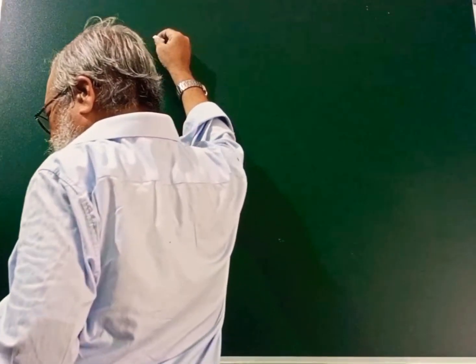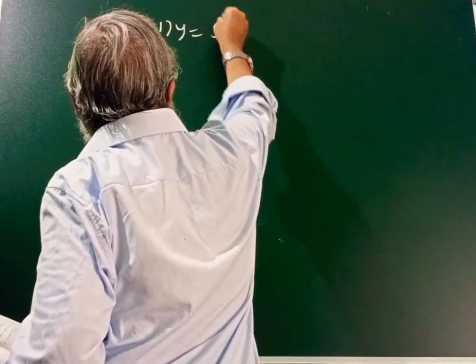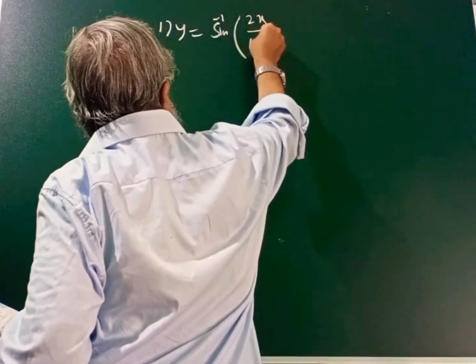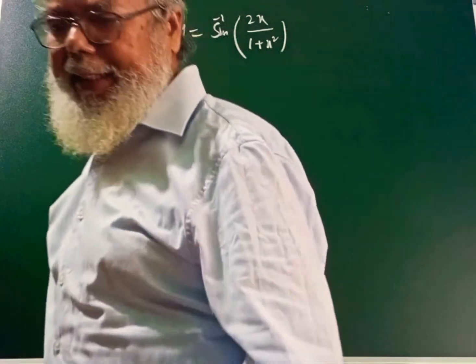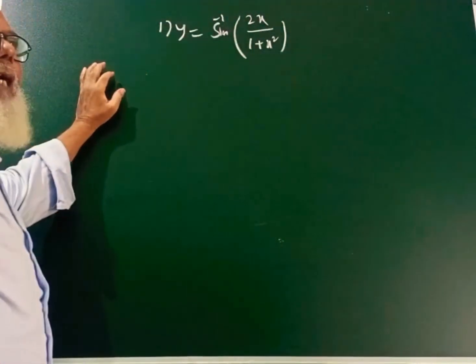Find dy by dx if y is equal to sine inverse of 2x by 1 plus x square. We can do it directly, but it takes much time. To avoid that, it is better to use a substitution.